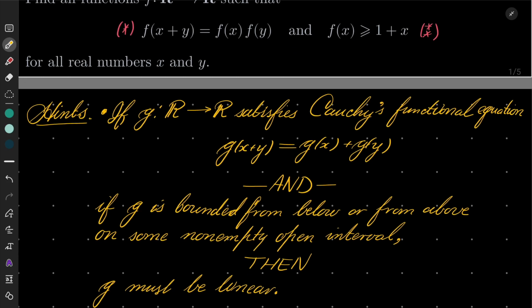So in other words, g of x equals a times x for some constant a.